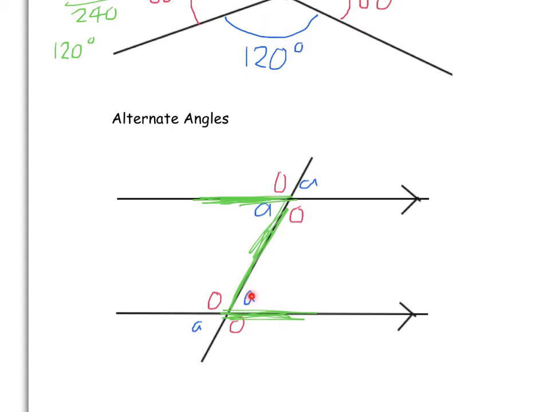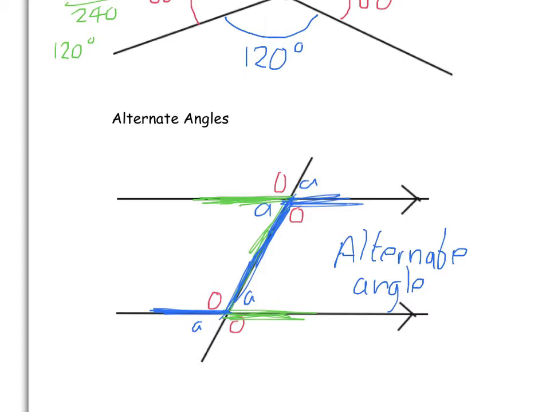Likewise, if we went the other way and went down like that, we can see that these two angles are also on the opposite side of the line and are the same. So alternate angles, unfortunately we can't call them Z angles, which you might have done at Key Stage 3. Alternate angles are the same.